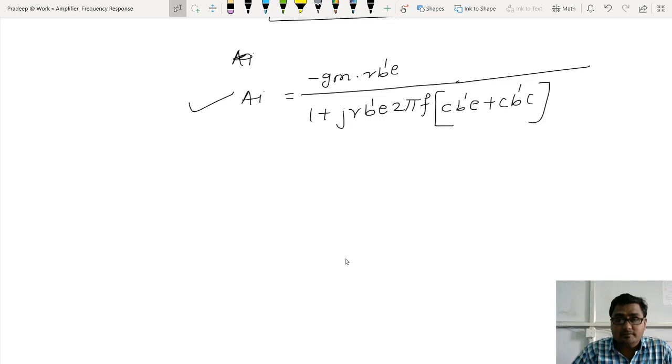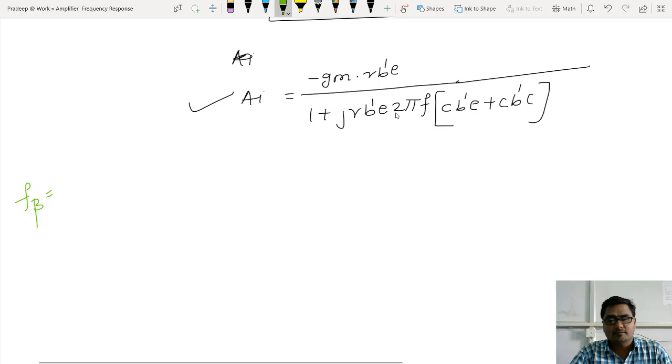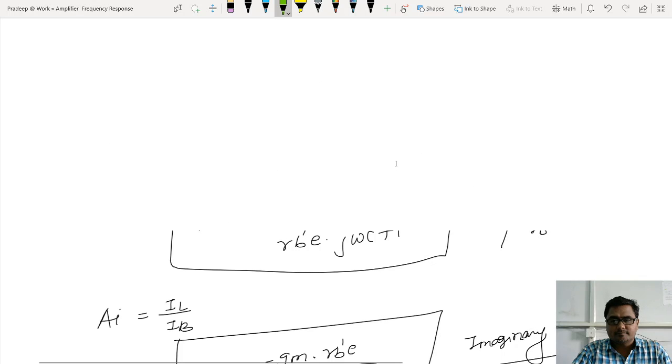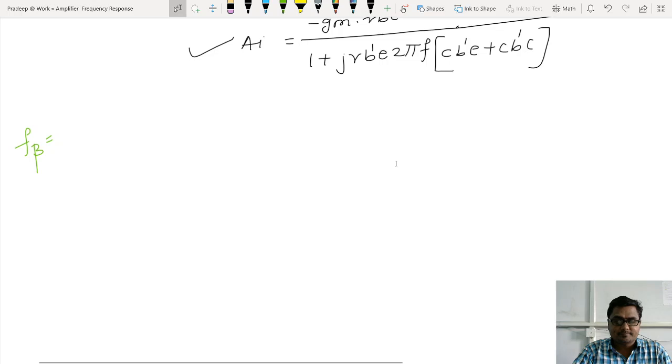Now can you observe that equation? Let me use the pen. Let me write here. What is the value of f beta? Okay, I want a dark pen actually. What is the equation of f beta? No, it will take a lot of time to copy that.